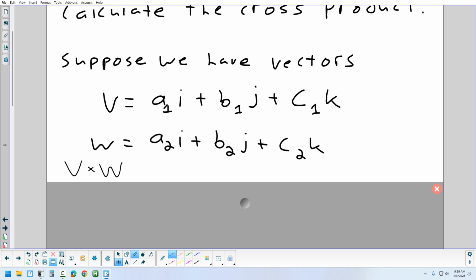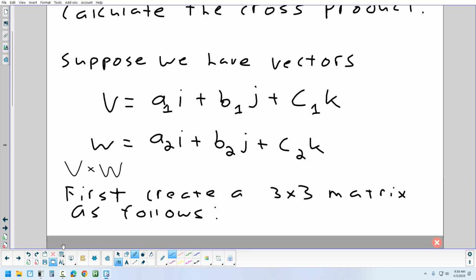In 3D, I would never tell you to multiply the two vectors together, because it's not specific enough. I would have to say find the dot product or find the cross product. So what we're going to do is set up a matrix with 3 rows and 3 columns.